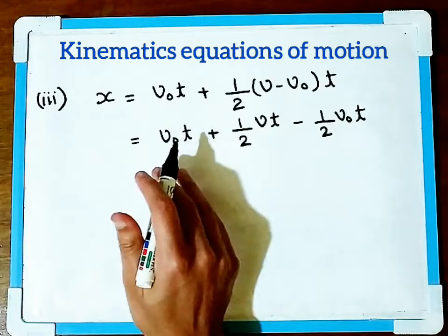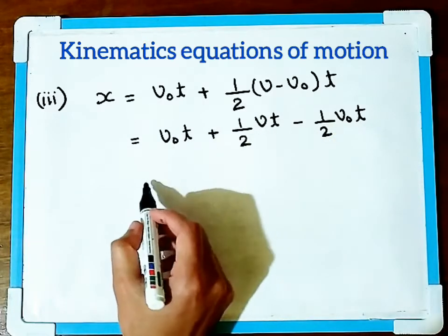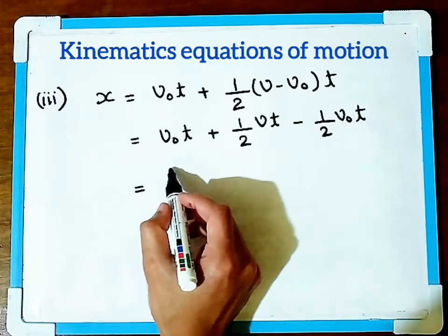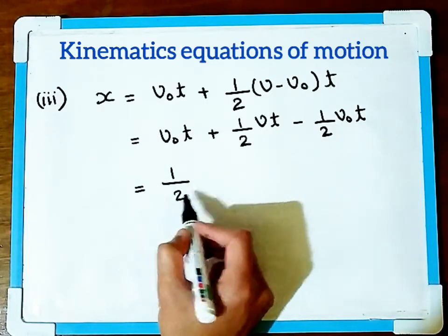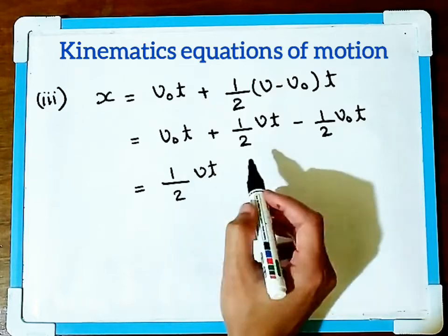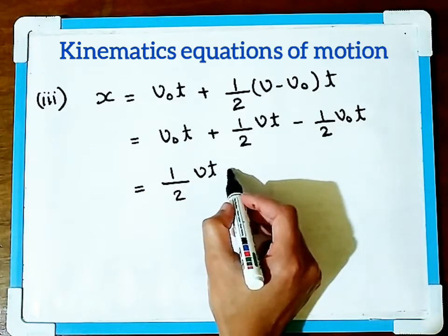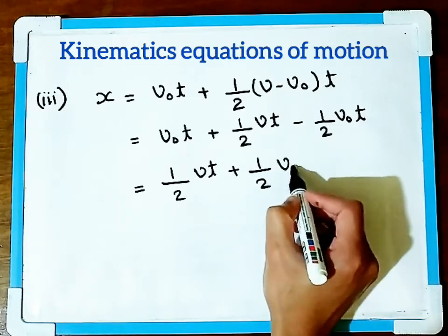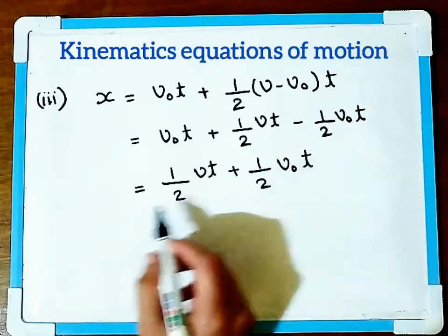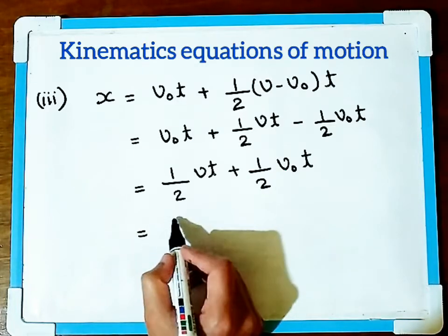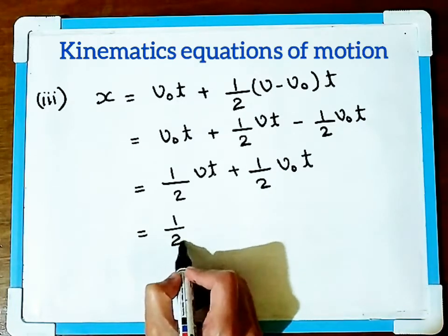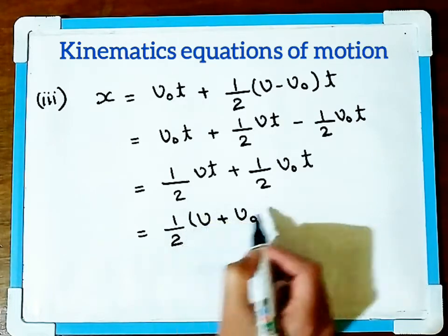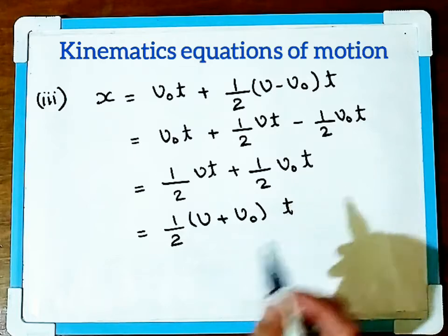So 1 minus half will give us half v naught t. Then you can take common half and t again. So we'll get half (v plus v naught) into t.